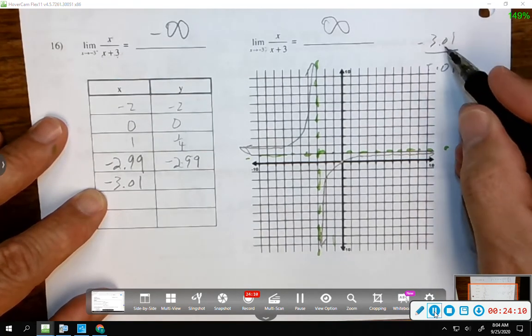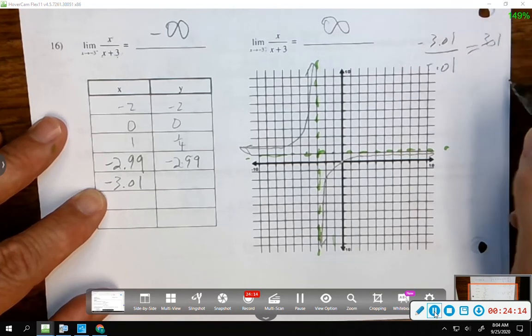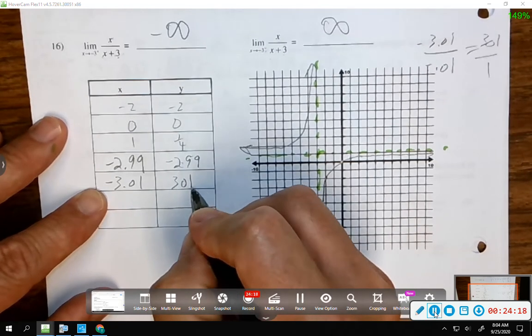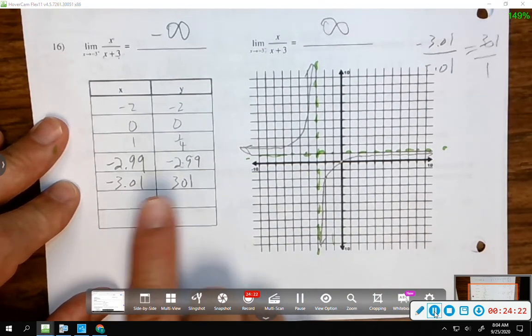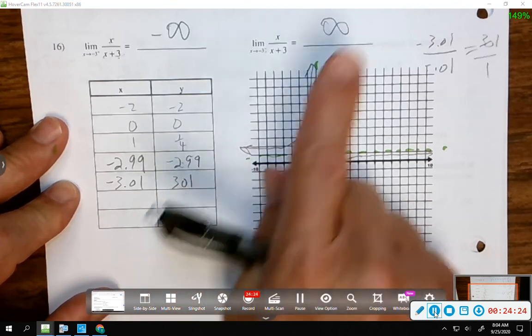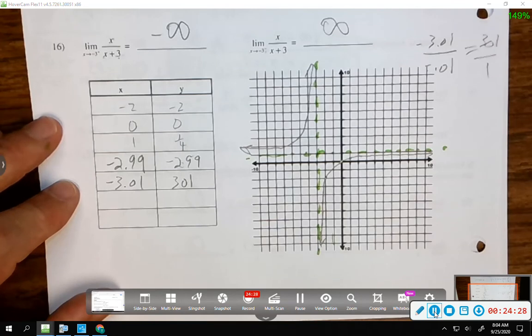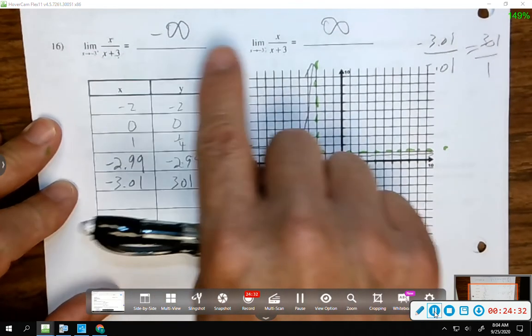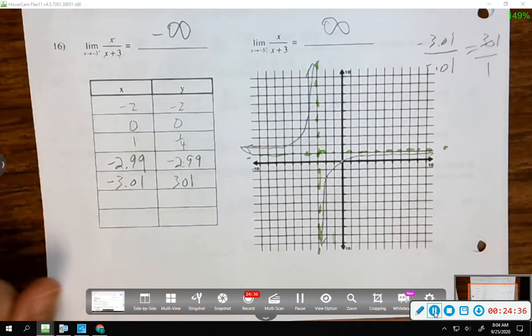Move it 2 decimal places to eliminate the decimal in the denominator, and you get 301 over 1, 301. When I plug in a number really close to negative 3, but to the left of it, it goes to a large positive number. A lot of you can just think about it that way numerically. Others are going to want to think about it graphically when you take these limiting values around these vertical asymptotes. Whatever works best for you.